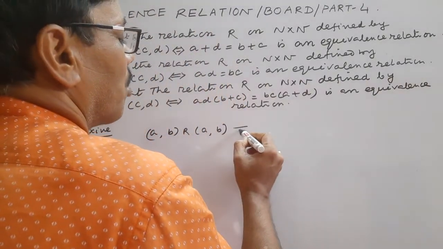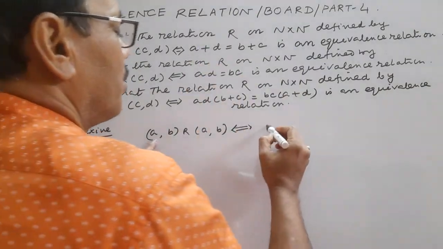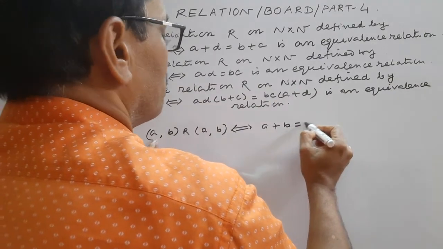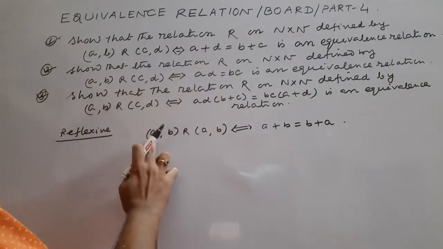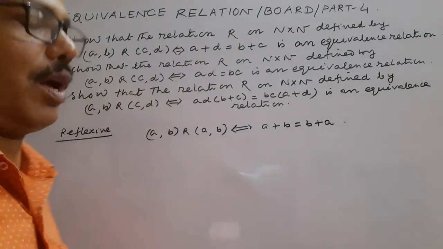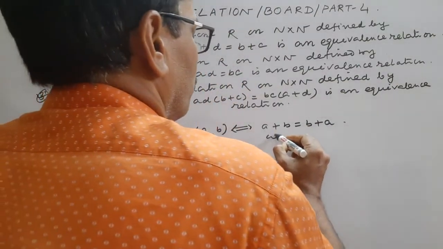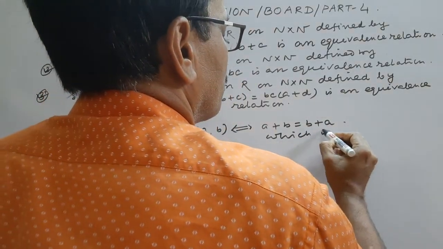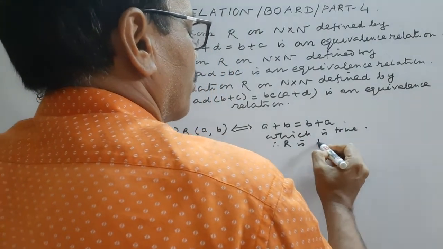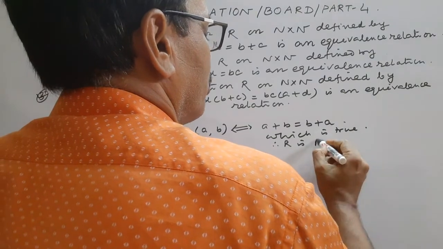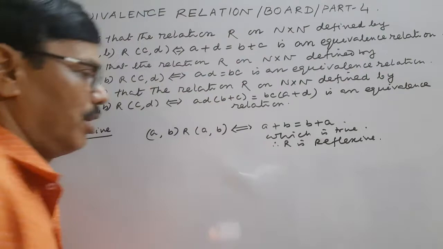So from the given relation, A plus B equals B plus A. Now this is a true relation. Therefore R is reflexive.